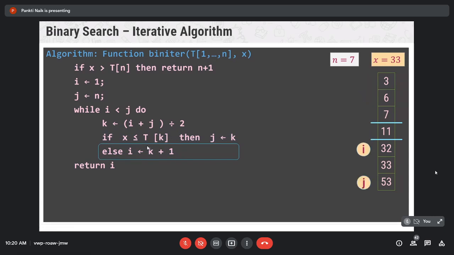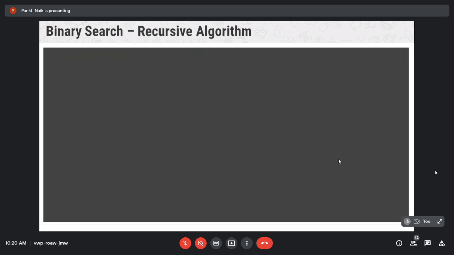So this will become our i and j, because our key value is greater than our midpoint value. So we have to search into the right sublist, right? And we repeat the same procedure until we get the midpoint key value, right? So this is the iterative algorithm.